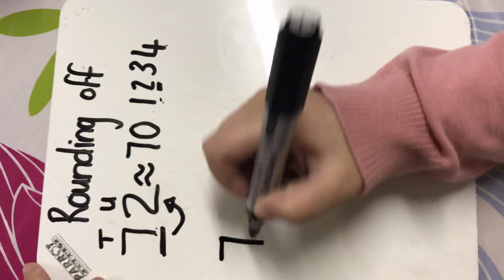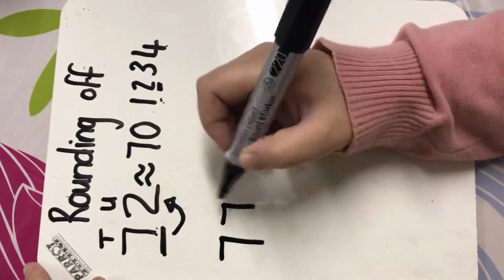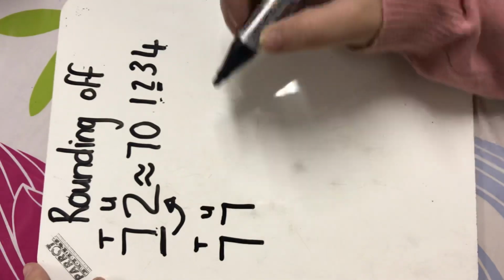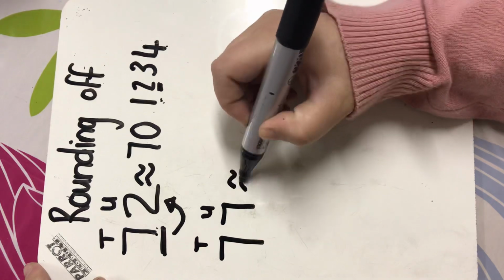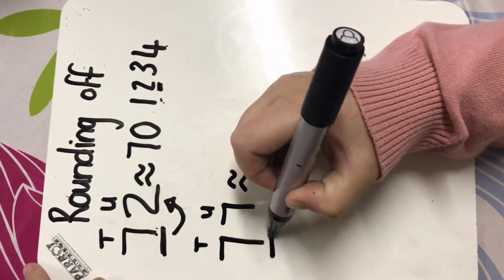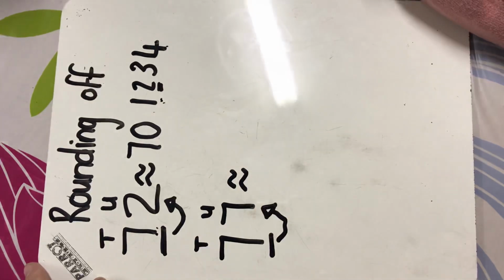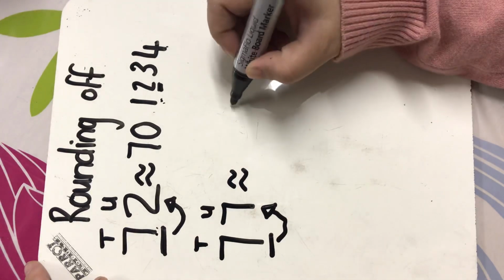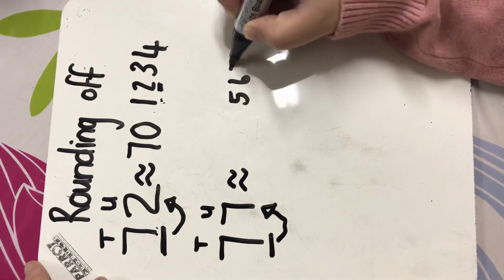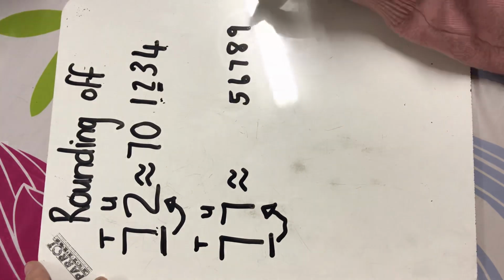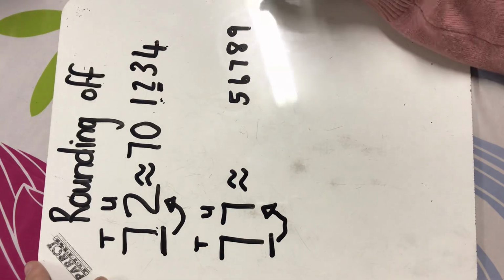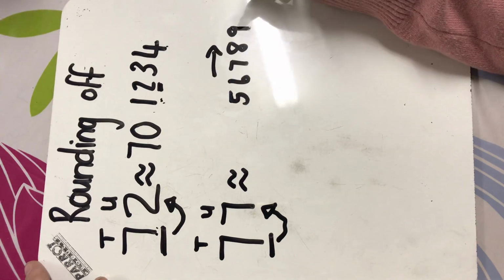But let's look at it this way. If this was 77, tens, units, and they are asking me to round it off to the nearest 10, I look at the number next to it. Okay, now the rule is 5, 6, 7, 8, and 9 go up. So they go to the next 10.